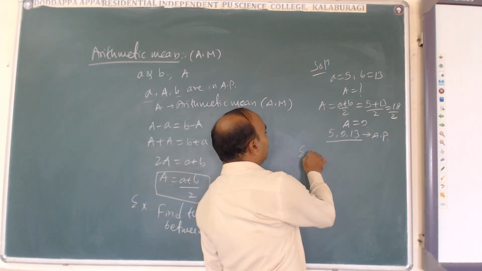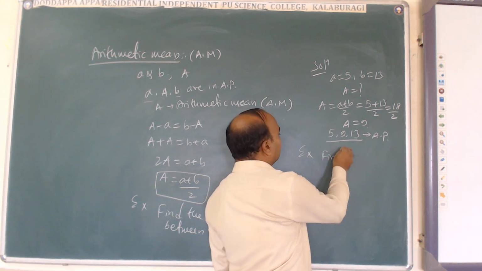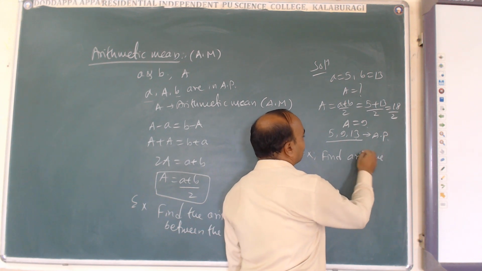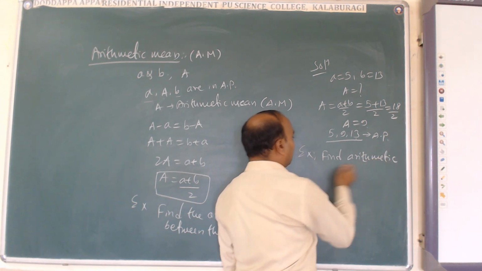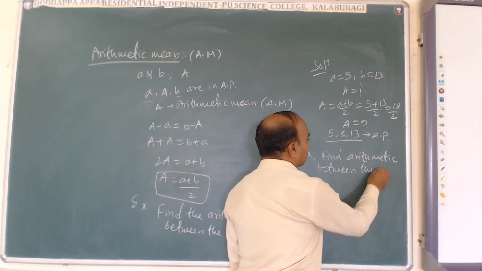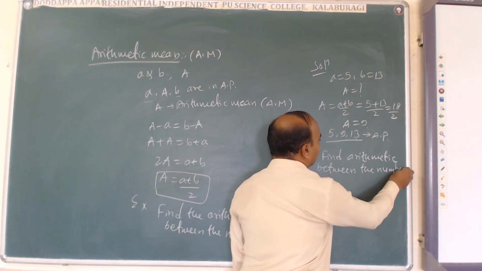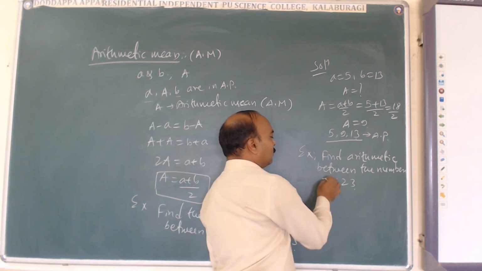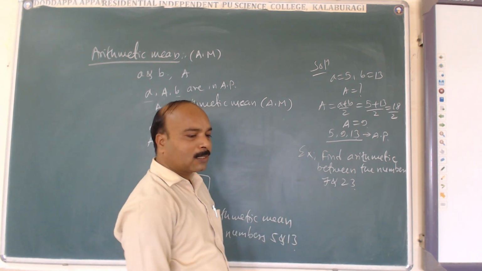Next example, find the arithmetic mean between the numbers 7 and 23. These are two integers.